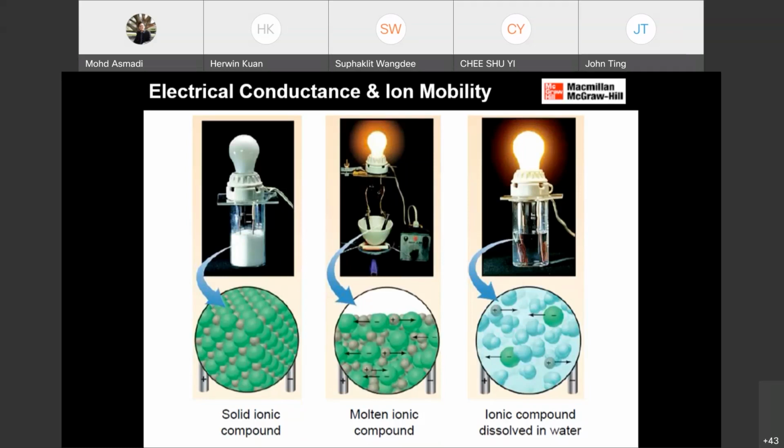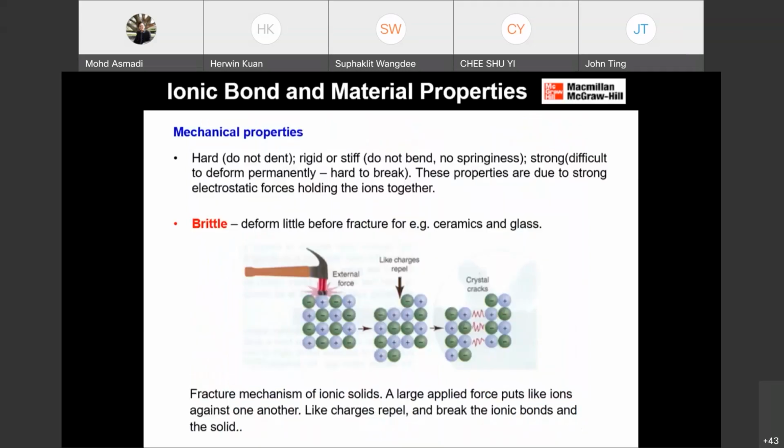It will deform a little, but it fractures. So this is the characteristic of materials which have ionic bonding. Look here that the crystal is cracked. It just deforms a little, but mostly it fractures.